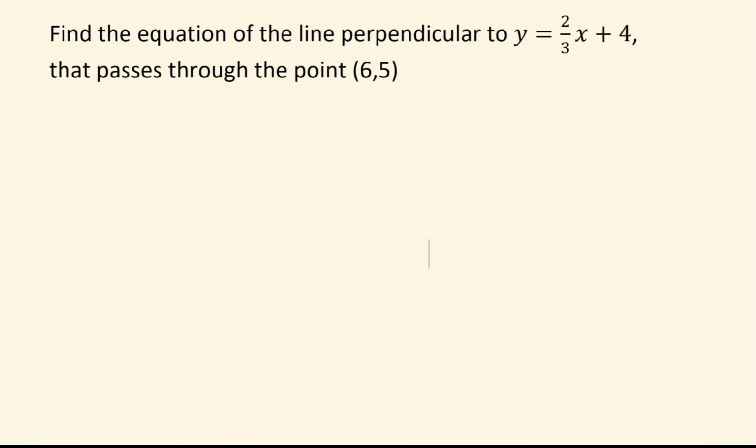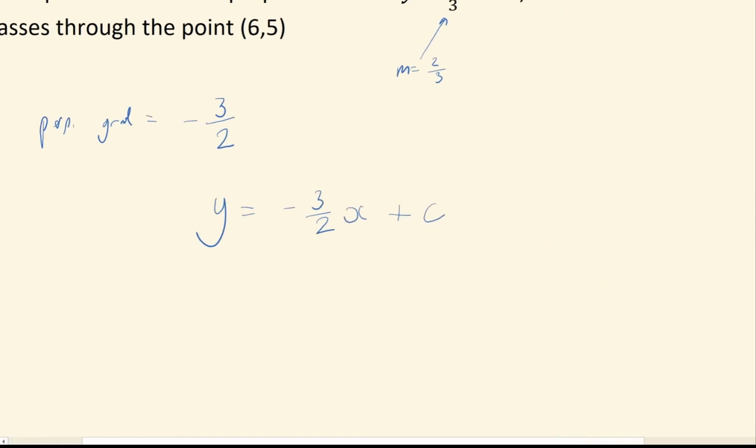Okay, same idea again, this time with a fractional gradient. So if my initial gradient is 2/3, then my perpendicular gradient will be that flipped upside down, and we need to add a minus sign because this was positive. Then it's the exact same idea. Let's write that down. y equals minus 3 over 2 x plus c. And we're now going to plug in this coordinate to work out what c is.